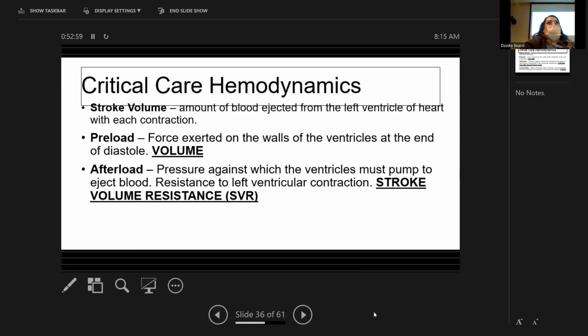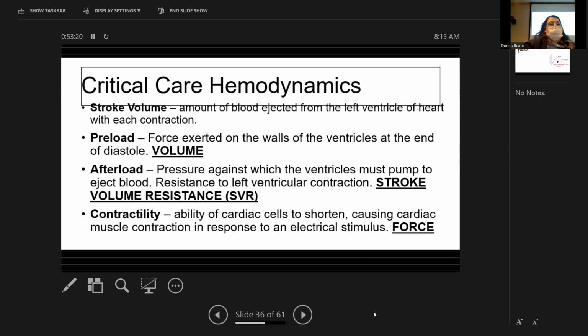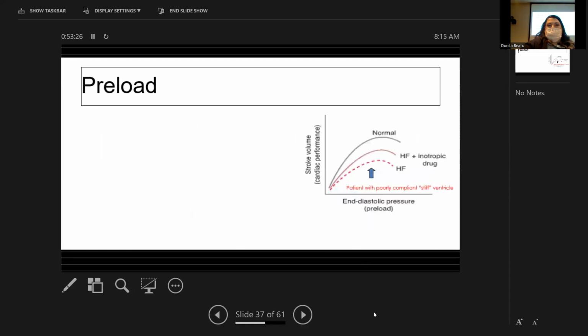You'll be thinking about their systemic vascular resistance, because if their resistance is high, then you can use vasodilators, ACE inhibitors, hydralazine, nipride, all kinds of things to reduce their afterload, to help flow out of the heart. And then contractility is the force, how much muscle contraction is happening in a beat.